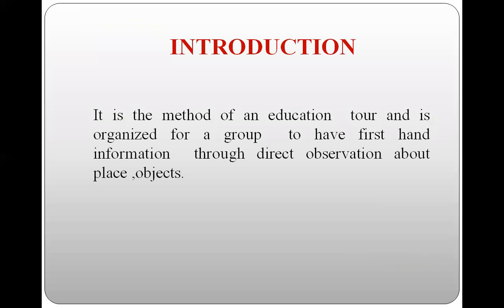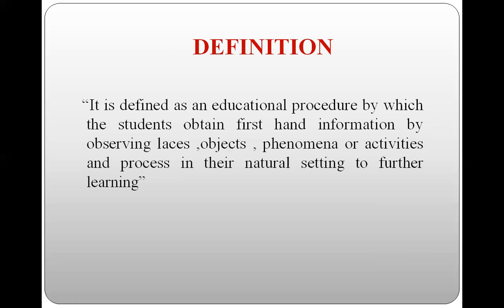So let's go to the introduction part. It is the method of an educational tool and is organized for a group to have first-hand information through direct observation about the place, objects. It is defined as an educational procedure by which the students obtain first-hand information by observing places, objects, phenomena, or activities and processes in their natural setting for further learning.